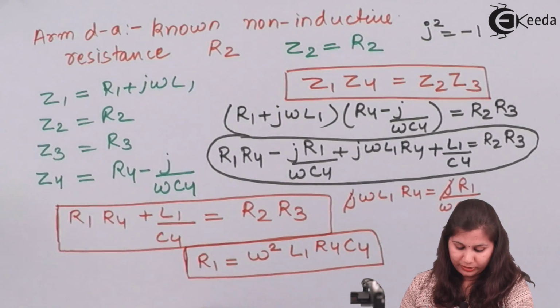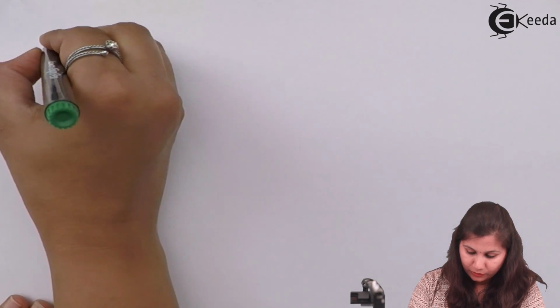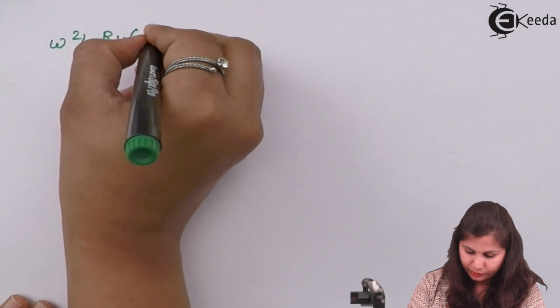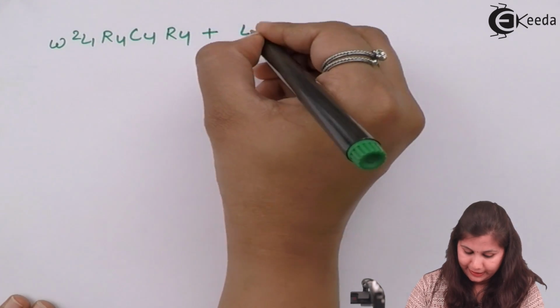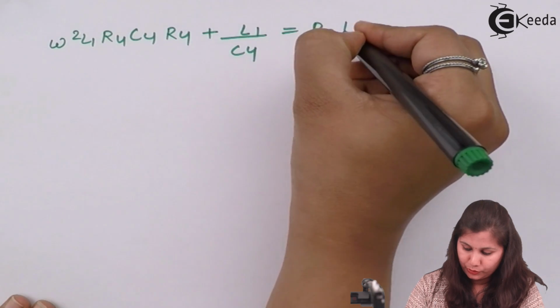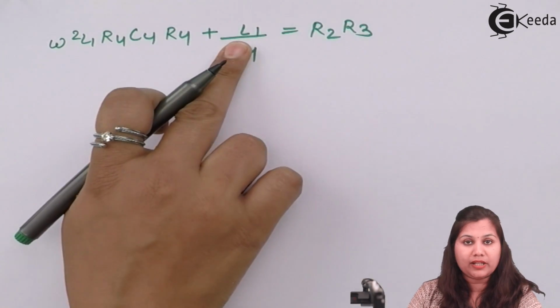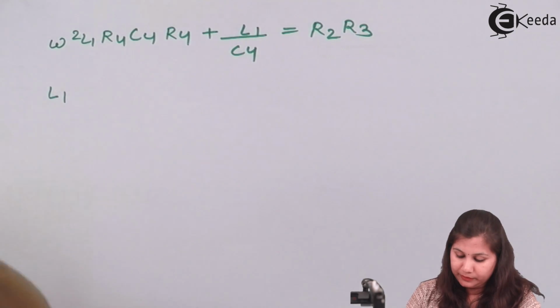Okay. So let's find out the value of R1 and L1, both the unknown variables. R1 is omega square L1 R4 C4 multiplied with R4 plus L1 upon C4 equals R2 R3. From this equation we want to find out L1. So take L1 as common.